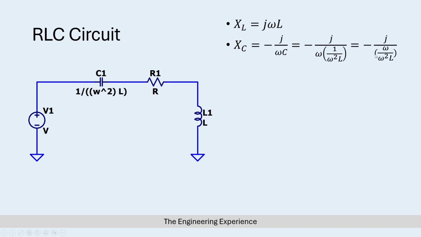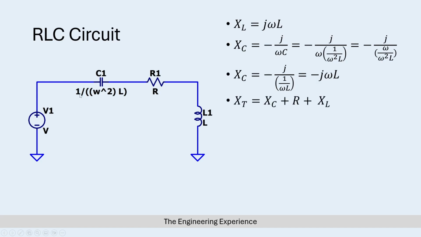Now, if I multiply this out, we can cancel out the squared with the top there, so we end up with 1 over omega L. Simplifying this equation further, we end up with what we have here. So minus j omega L is the impedance of the capacitor in the circuit to the left.